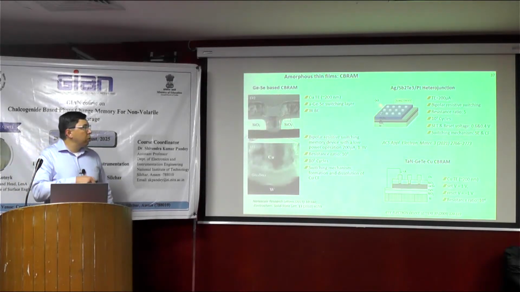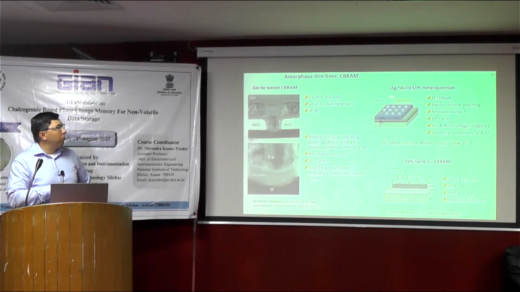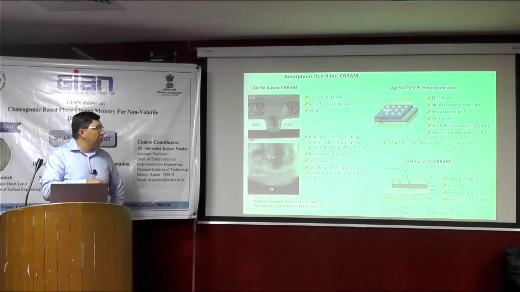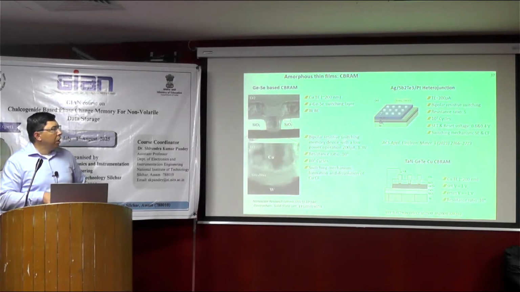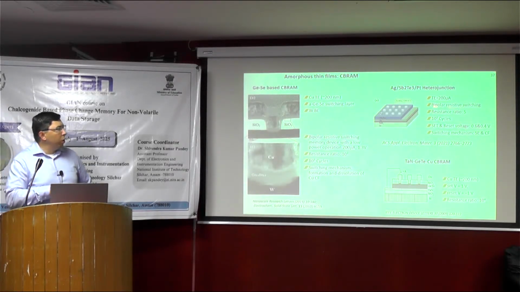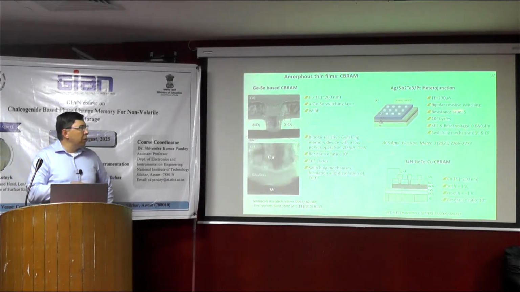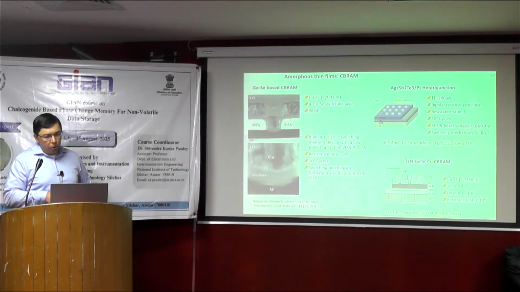Also, you can build a device based on silver electrodes, like silver, antimony telluride, and platinum. Here you can use a little bit larger top electrode, like 200 microamp. Here you also reach bipolar resistive switching, but the resistance ratio is not good, only 5. Nice endurance here.